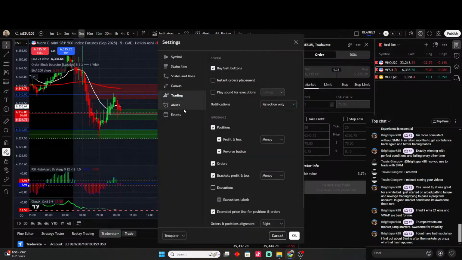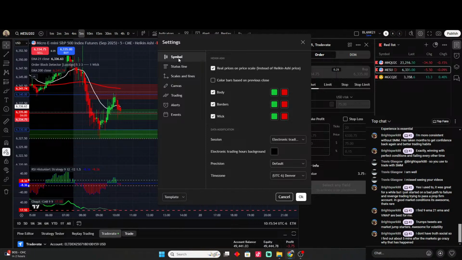I can't remember how I had these candles. Real prices on scale instead of Heikin-Ashi price. Yes, I like that. I don't like the Heikin-Ashi price. Oh, that's kind of cool.